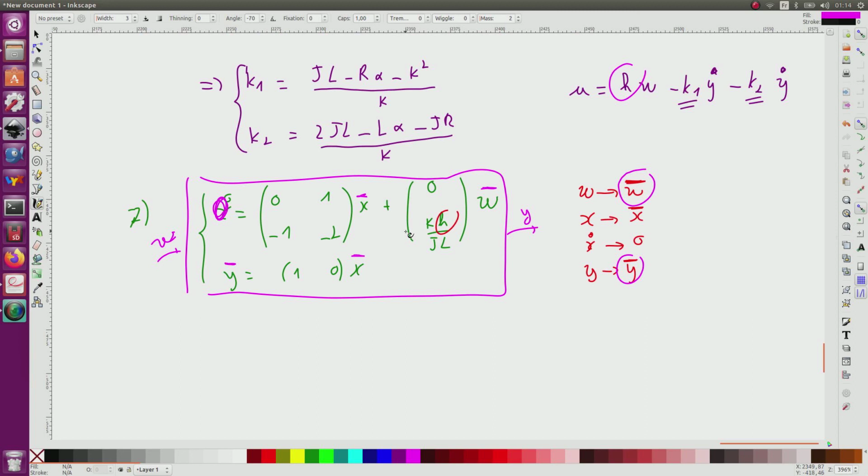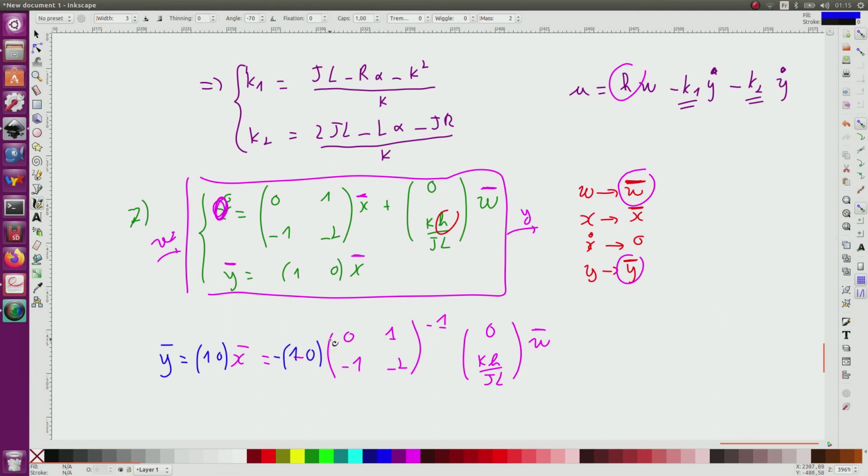So I will isolate X bar. X bar is equal to minus the matrix [0, 1; -1, -2] inverse, multiplied by [0; kappa h W bar divided by GL]. Now Y bar is equal to [1, 0] X bar, so it will be equal to [-1, 0] times this matrix.